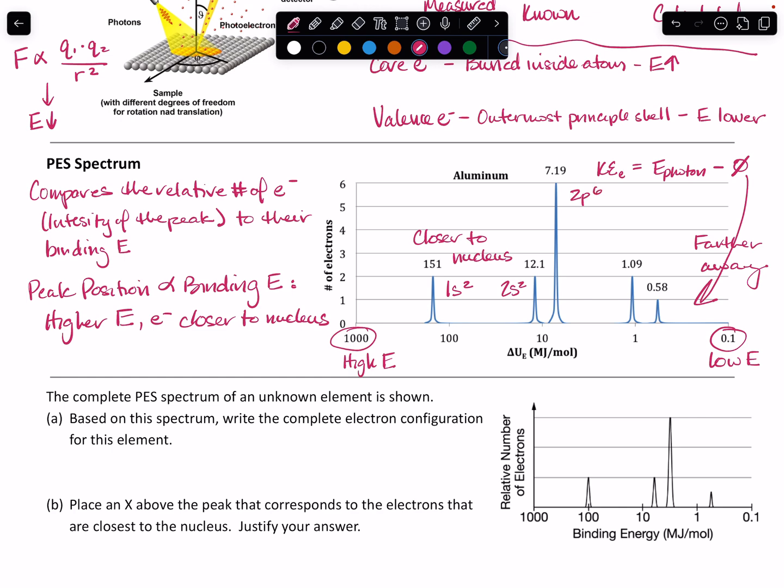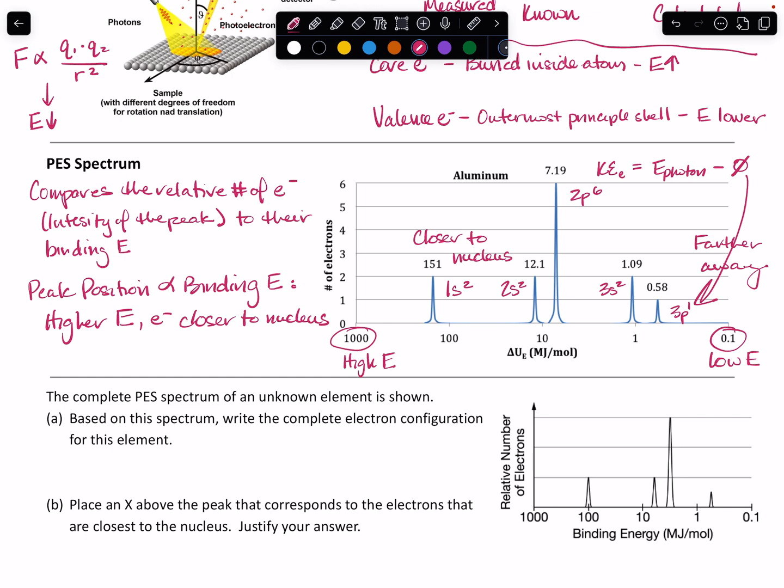So there's your 2p6 electrons. And then at 1.09, this is your 3s2. And then we have 1 electron. This is your 3p1. So if you look, 1s2, 2s2, 2p6, 3s2, 3p1, that is the electron configuration of aluminum. So the PES spectrum of these elements should give you the electron configuration of that particular element.